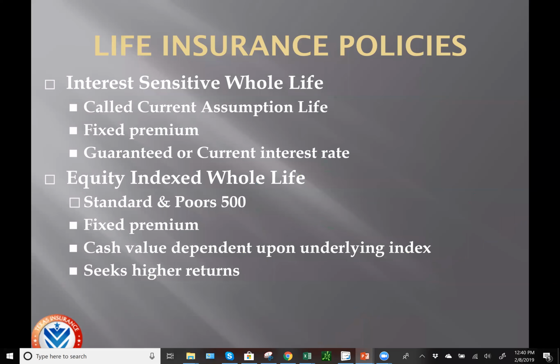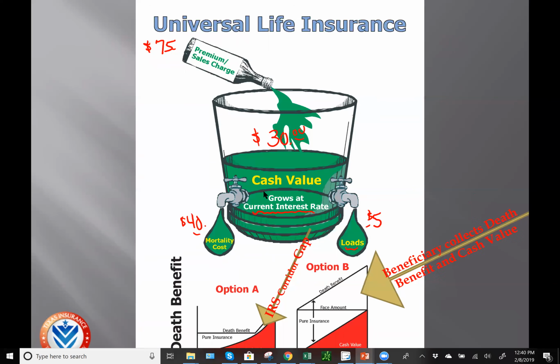Now, universal life has two death benefit options. And these are very simple. First, there is option A. Under option A, it is a level death benefit. So for instance, it starts out at 100,000 and at age 100, it ends at 100,000.